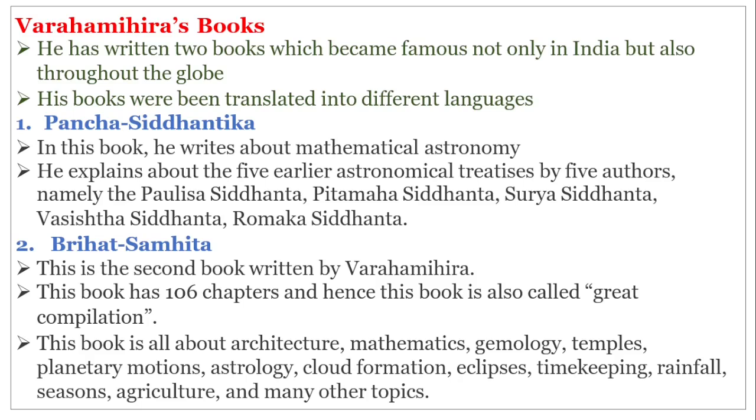And this book not only contains discussions on just maths and astronomy, but everything to which mathematics is attached. That means architecture, mathematics, gemology. Gemology is the study of gems.